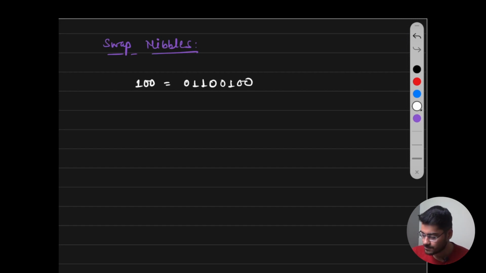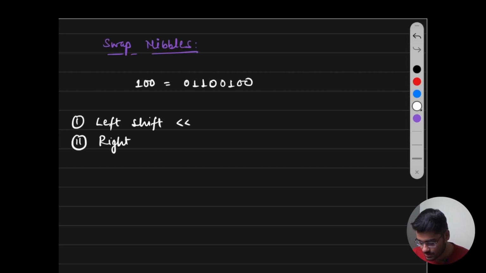Which four operations? First one is the left shift operator, second one is right shift.